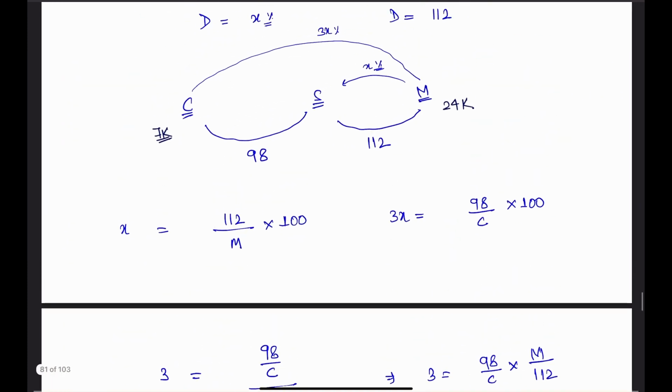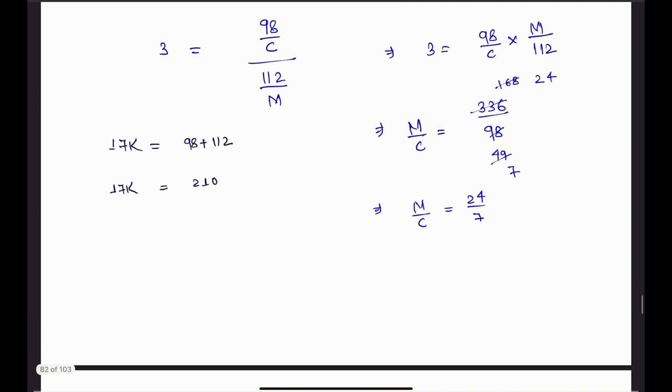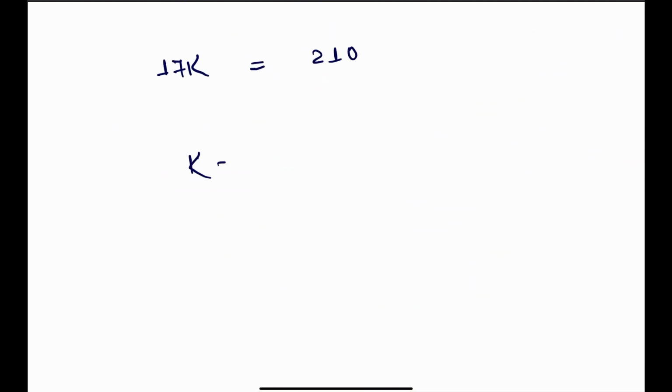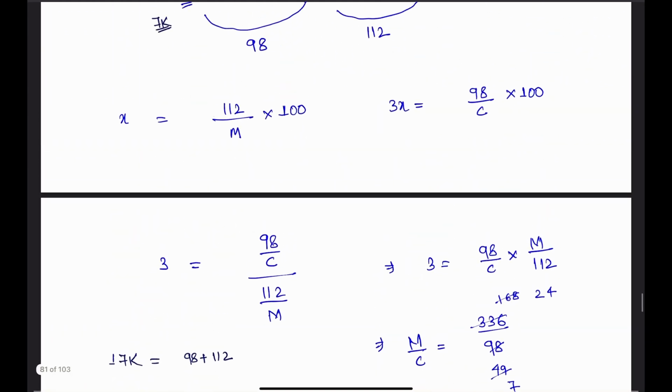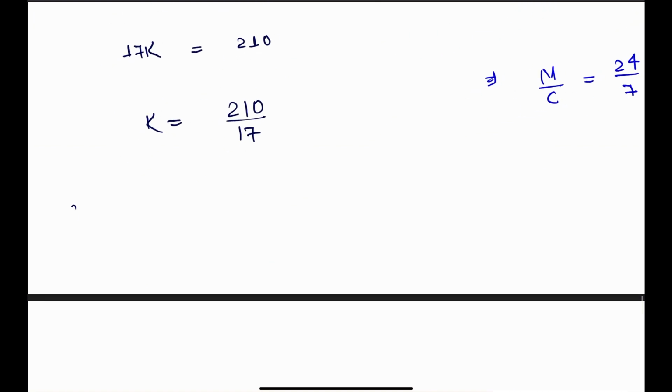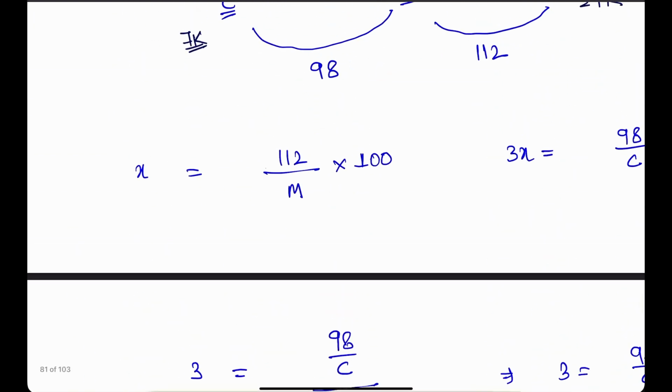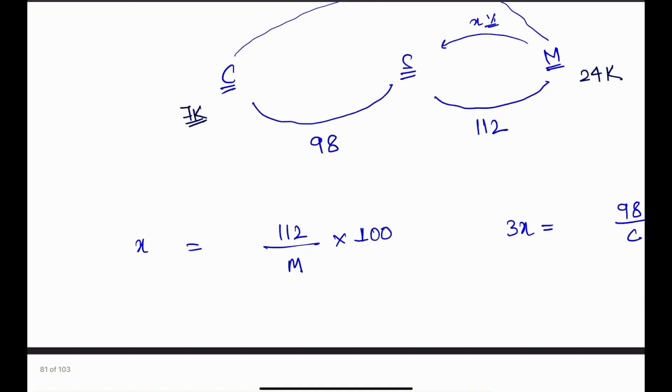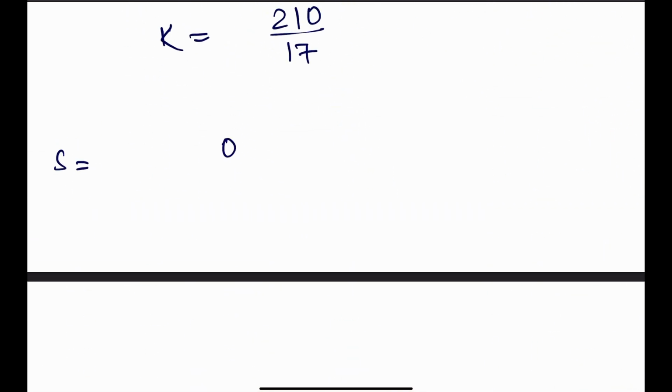My selling price will be, okay, so the value of my k is 210 divided by 17. I don't think it is divisible. So my selling price will be, multiply this with 7k, so 210 times 7 divided by 17 plus 98. This will be the answer.